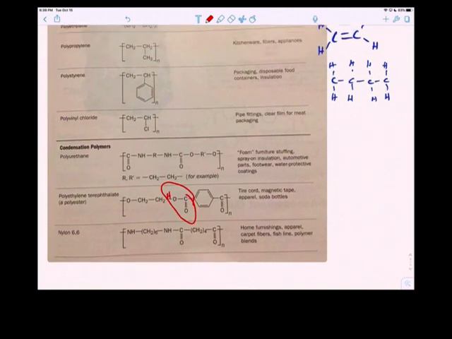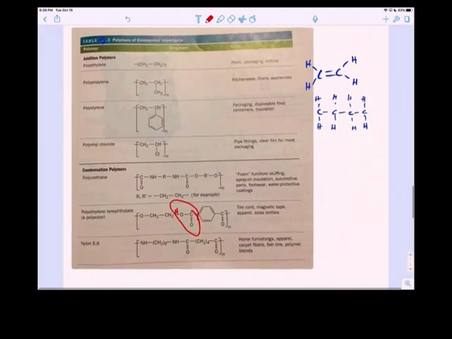But these polymers have many uses. And of course, the source for our polymers is petroleum. So petroleum is our starting material for a lot of these things. Can you think of any product that you buy?